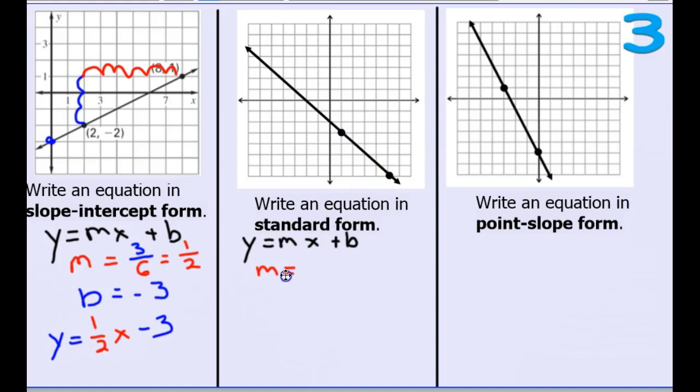It's going downhill, so we know it's going to be negative. And we're going down 1, 2, 3, 4, and over 1, 2, 3, 4. So that can be simplified by dividing each by 4. Then we get -1.